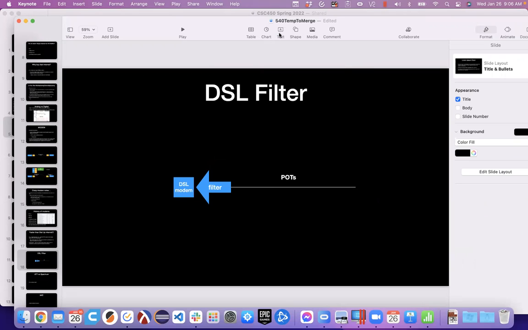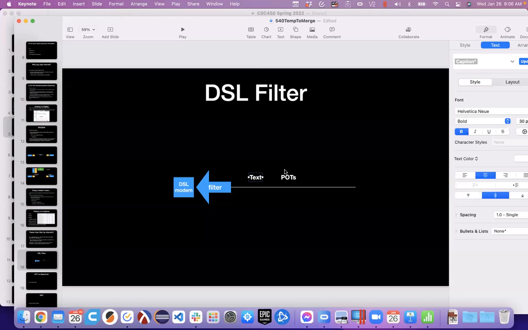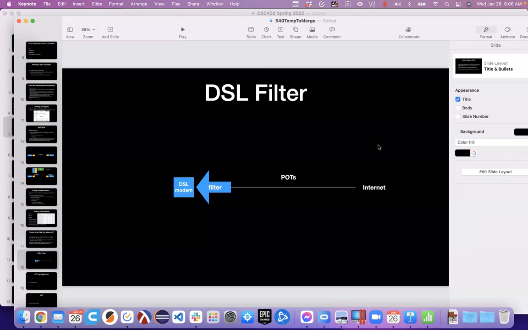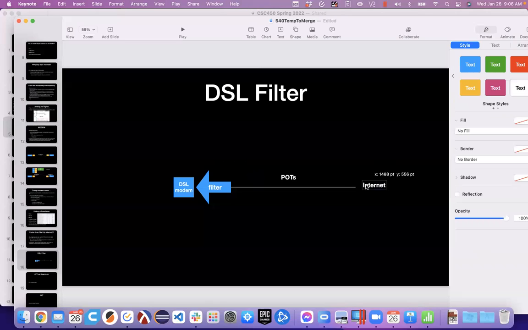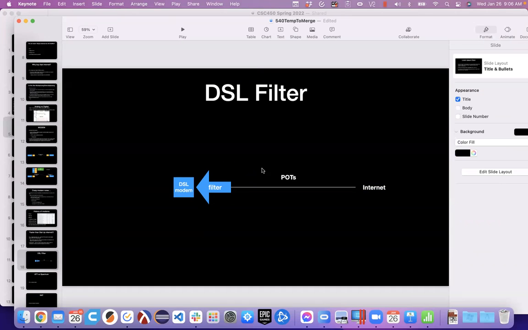And we'll just say that over here is the internet. So in this example, we don't need to think about what's over here. It's just the rest of the internet, let's say. So this is your ramp onto the internet.